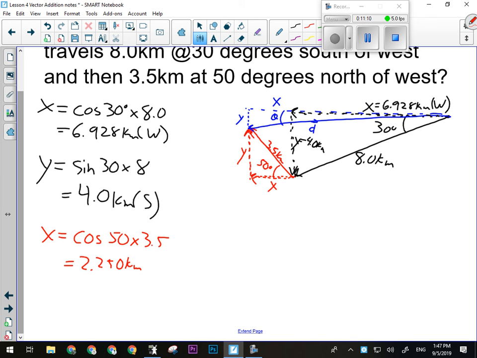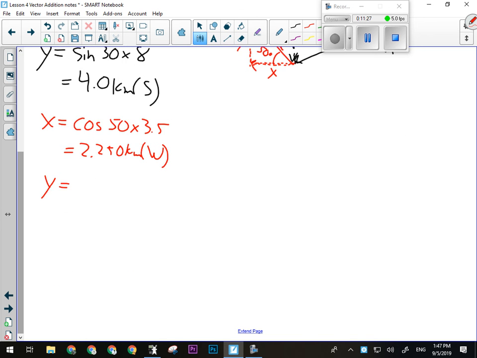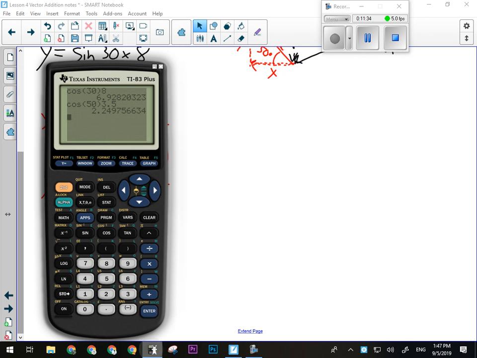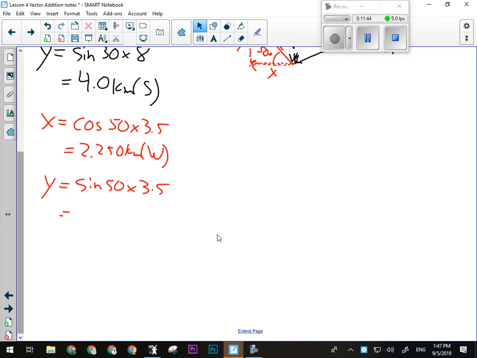And that is west. Okay? And then I want to do the same thing for y, except that y is opposite this angle. So I'm going to use what trig function here? Sine. Okay, so that side's 2.681. I'll keep all those decimals like I say.